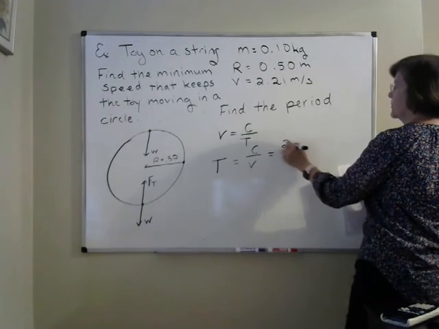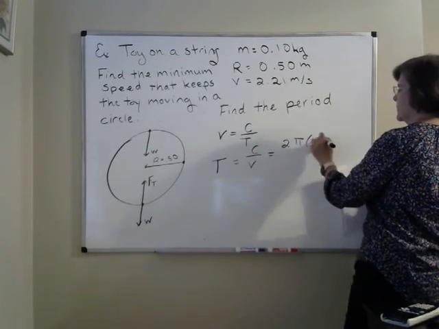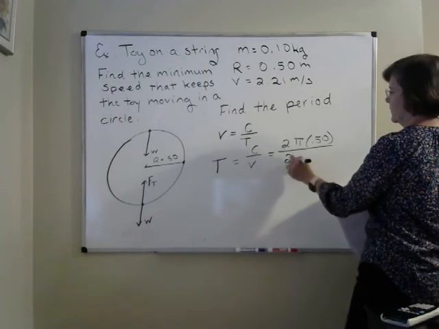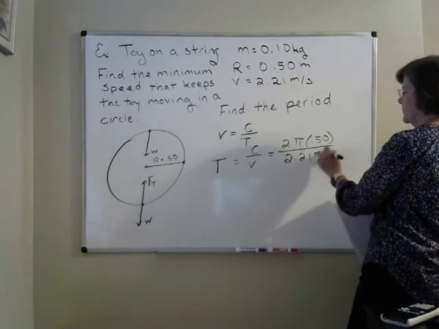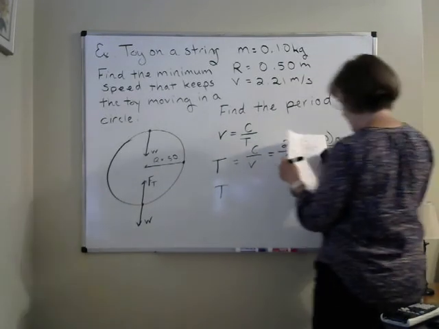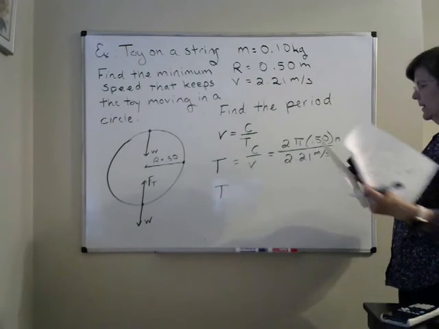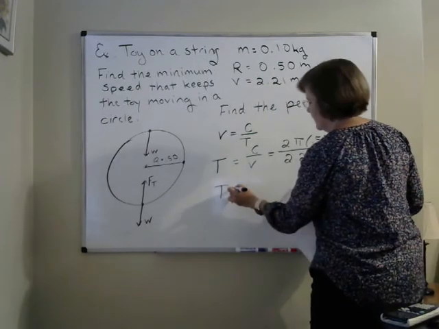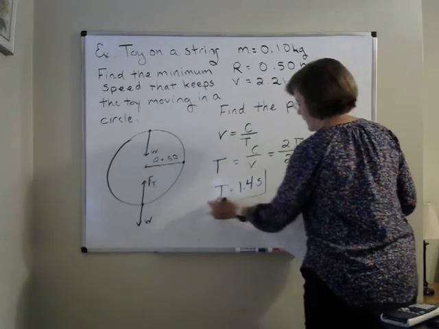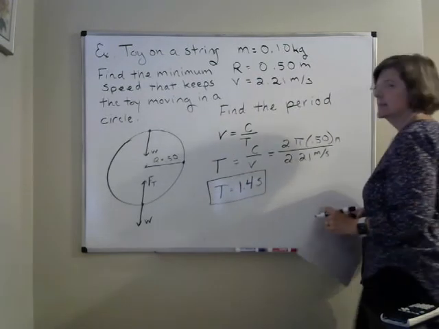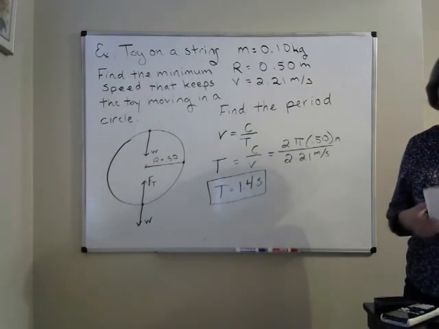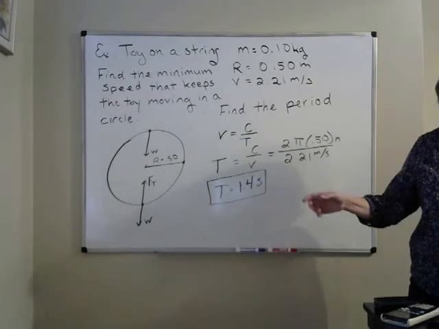So that's 2 pi times 0.50, over 2.21 meters per second. If I put that in my calculator, it comes out to be about 1.4 seconds.